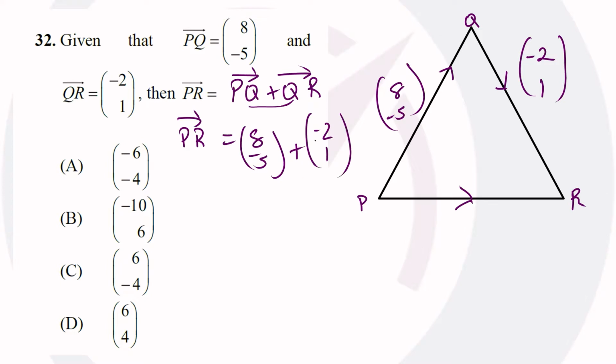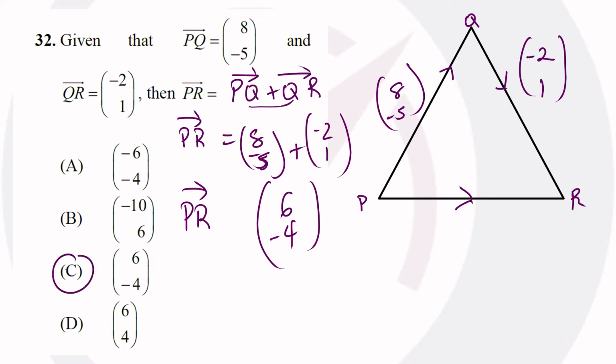So 8 minus 2 gives us positive 6, and negative 5 plus 1 is negative 4. So our answer for the vector PR is 6, negative 4, and that matches C.